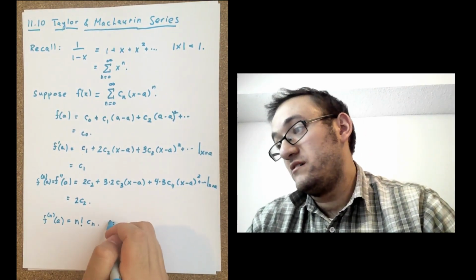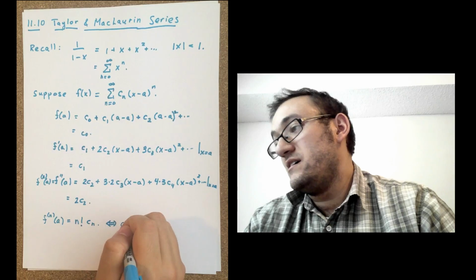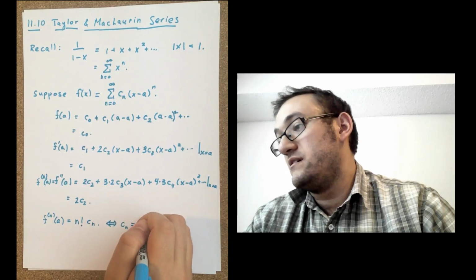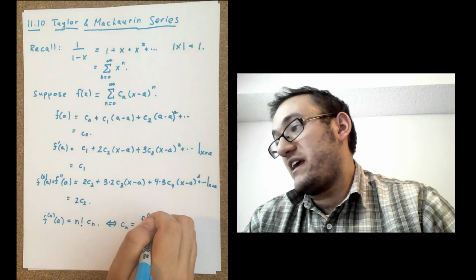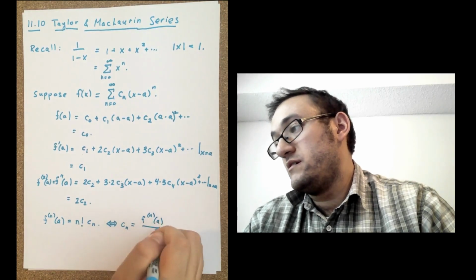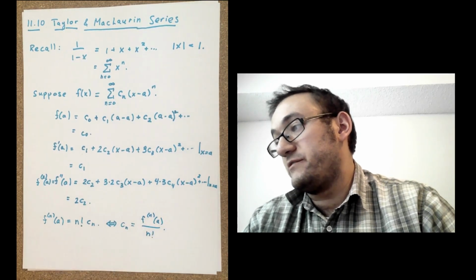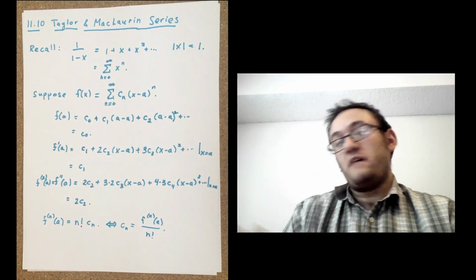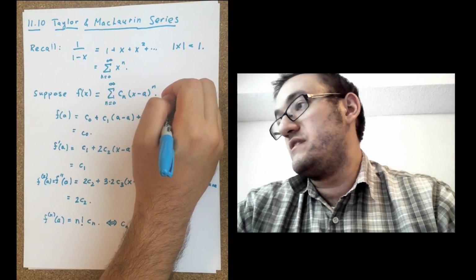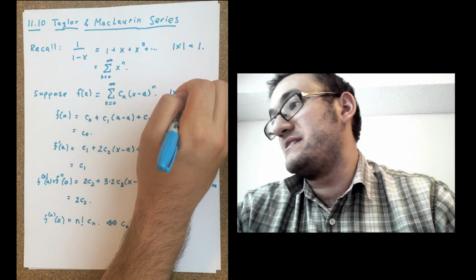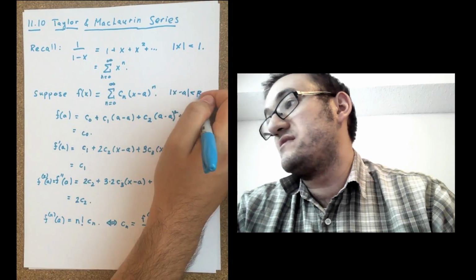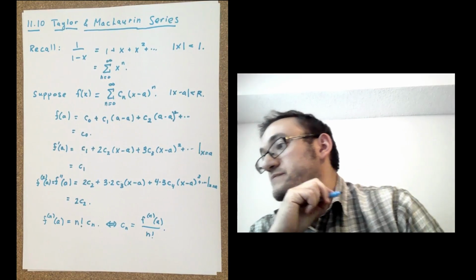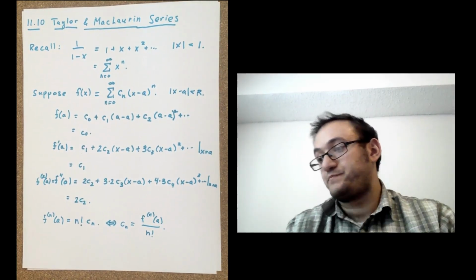Equivalently, you could write this as c sub n equals the nth derivative at a divided by n factorial. Okay? And I should observe that this is all taking place where x minus a is within some radius of convergence.